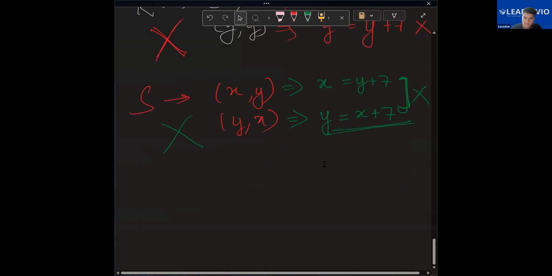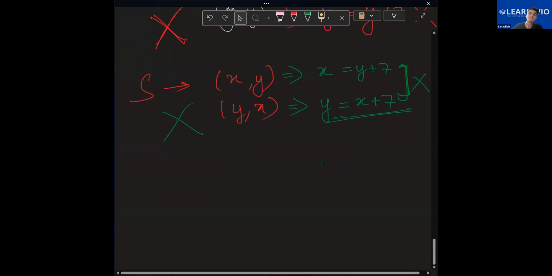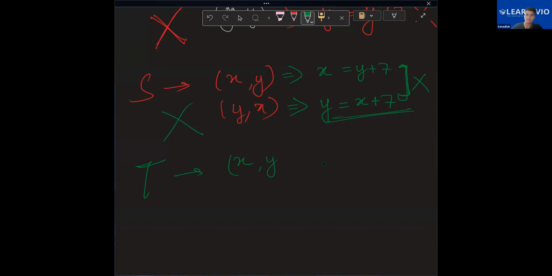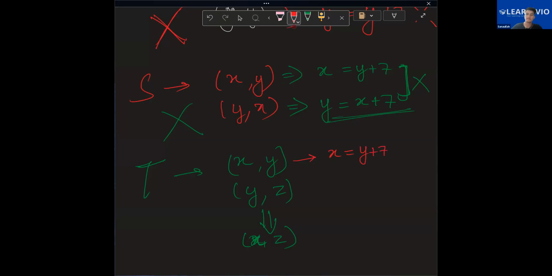Now let's move to the transitive part. ये समझ आए? Moving to the transitive part, take (x, y) and (y, z). Then क्या होना चाहिए? (x, z). According to this, we have x equals y plus 7, and y equals z plus 7.